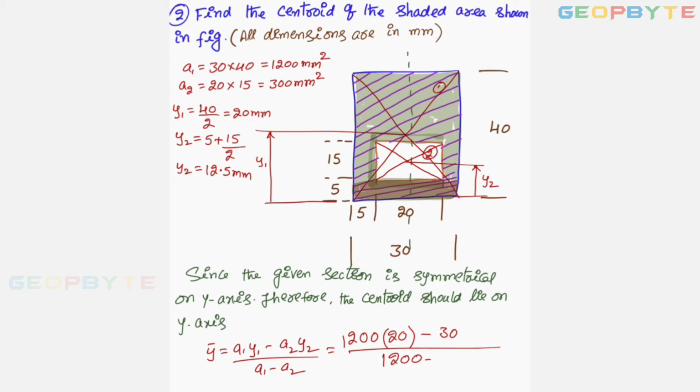It is 300 into y2 12.5 minus 300. Simplify the value.